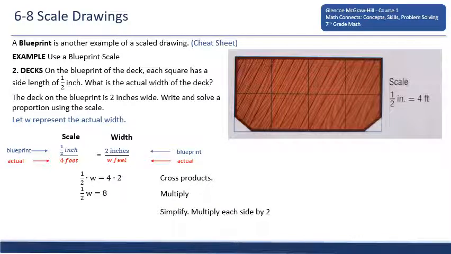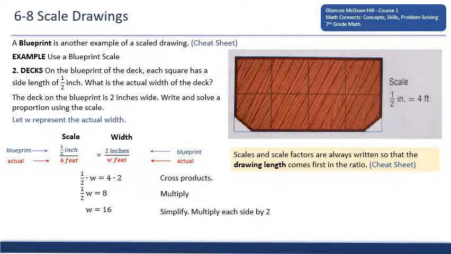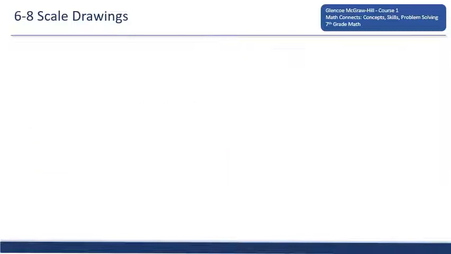We'll divide that out, but as you know, you can't divide fractions. So we will multiply 1/2 W by 2, which is the reciprocal of 1/2. And then we'll multiply 8 by 2, which is also the reciprocal of 1/2. And scales and scale factors are always written so the drawing length comes first in the ratio. So length.